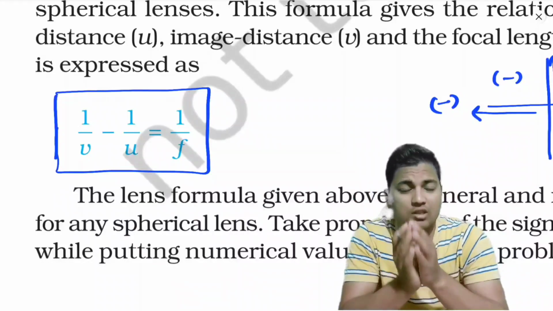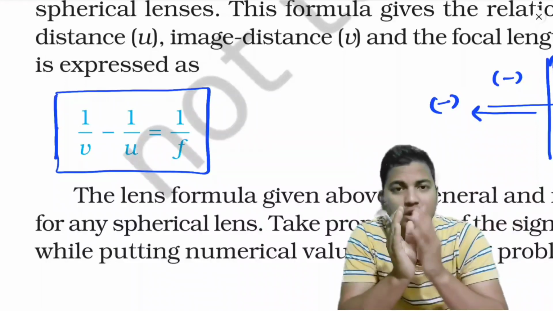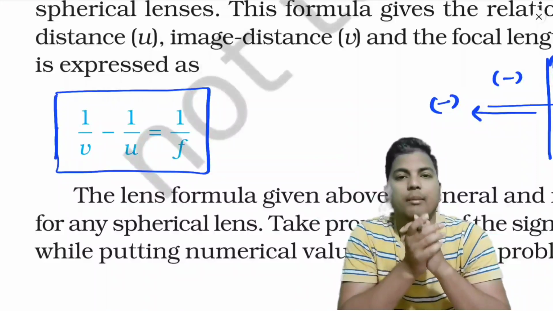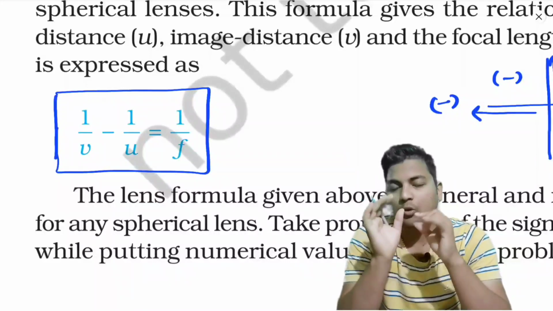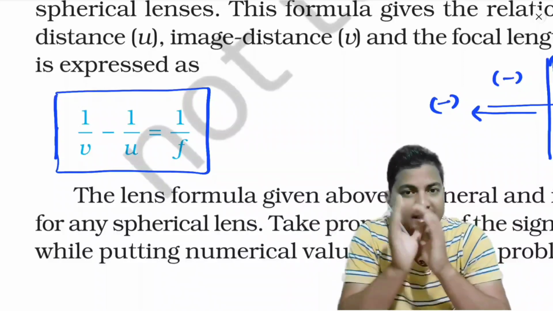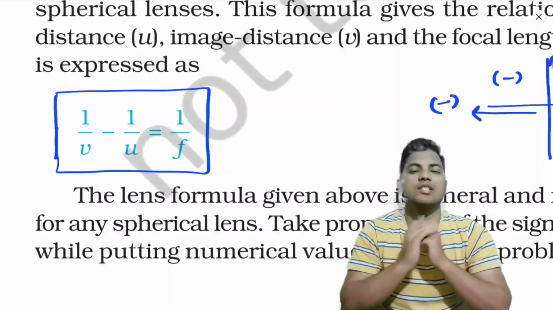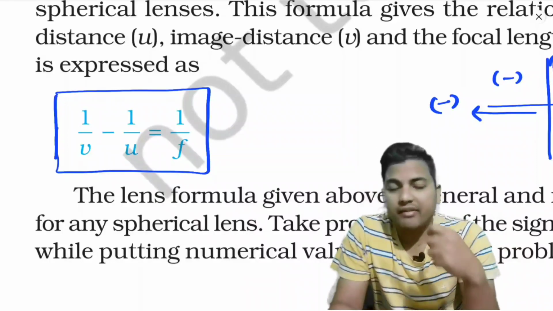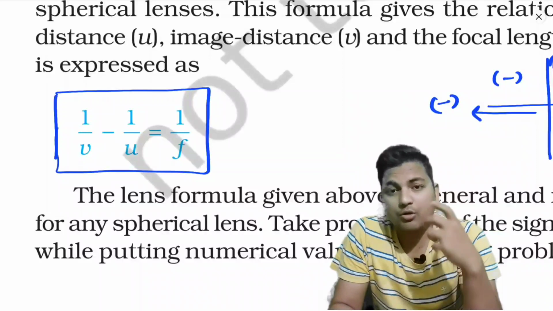All of you have understood the concept, that in mirror we used the equation 1 by v plus 1 by u equal to 1 by f, but in our lens system we have replaced the positive sign with a negative sign, that is 1 by v minus 1 by u equal to 1 by f. In the same way our magnification formula has also changed.